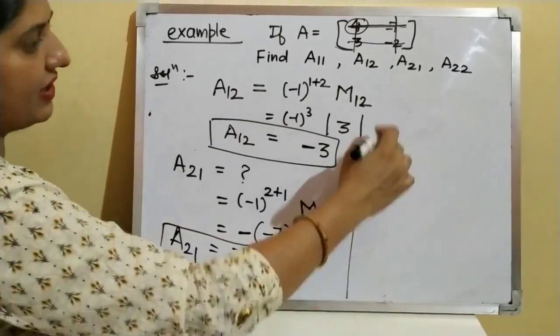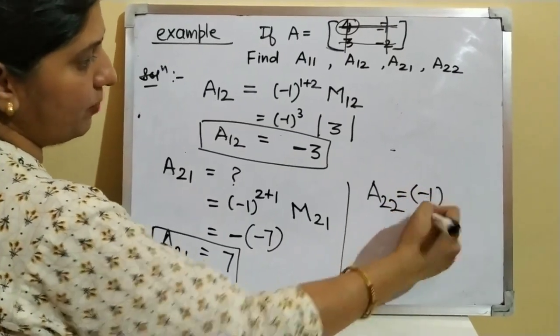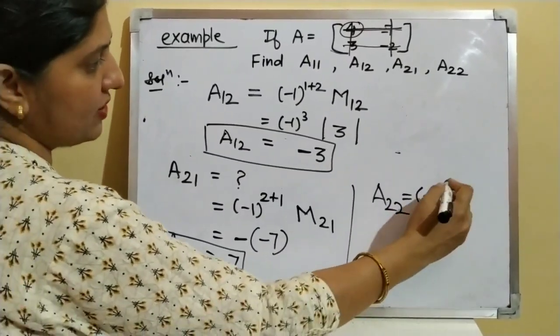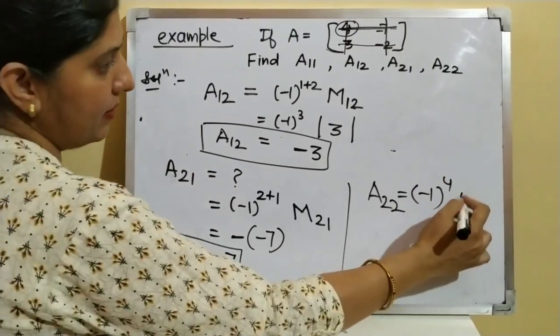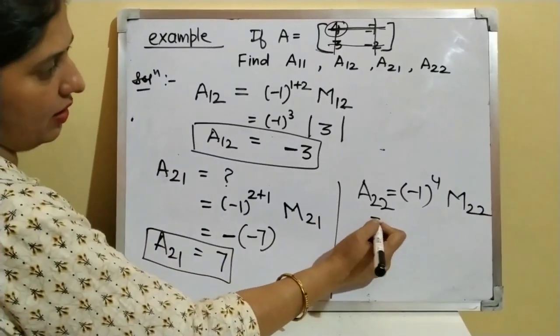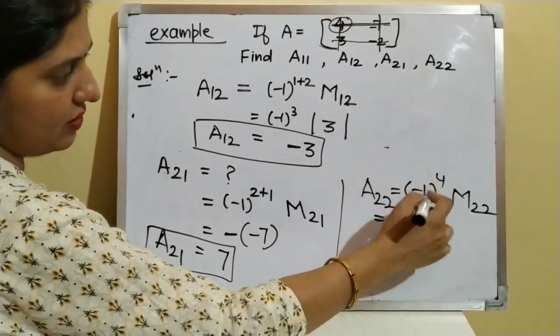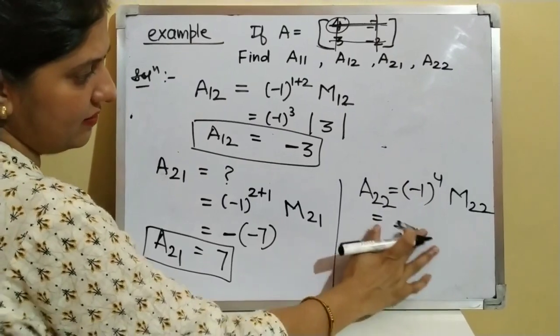In the same way, we calculate A22. A22 is equal to minus 1 to the power 2 plus 2, 4 multiplied with M22. Now, minus 1 to the power even. Even power is positive, so we get a positive sign.